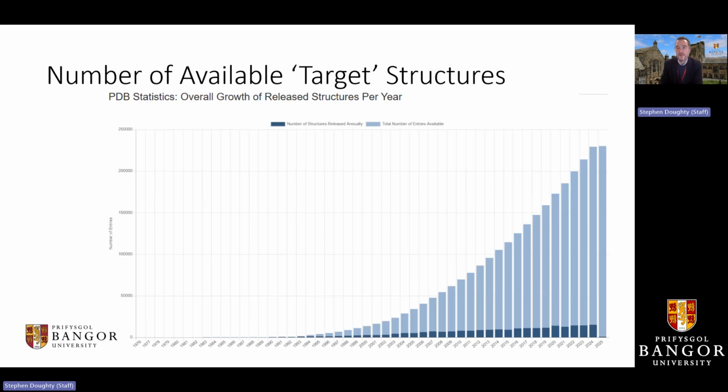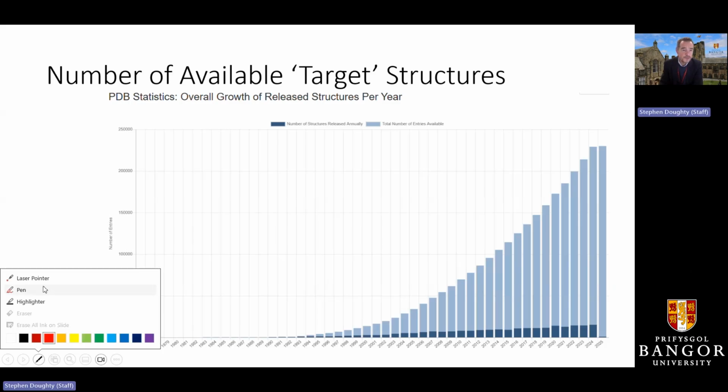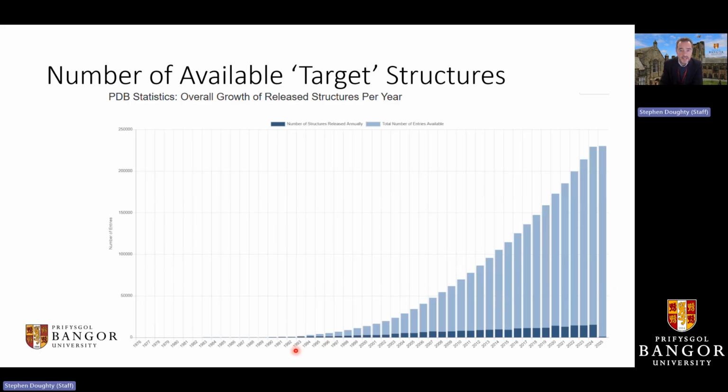Now, down here, if you can see where my pointer is, this was about the time when I was doing my PhD, 1992, 93, 94, around this sort of time.